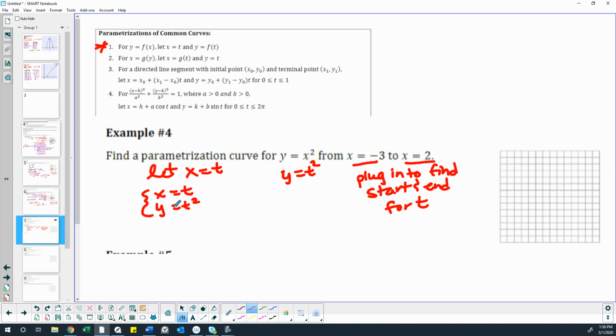Okay, that's pretty easy. Plug in -3 in place of x, t equals -3. So -3 is less than or equal to t, which is less than or equal to, now let's plug our endpoint in, x is 2, so t equals 2. Ta-da! We've got parametric equations with the parameter, restriction, and everything.